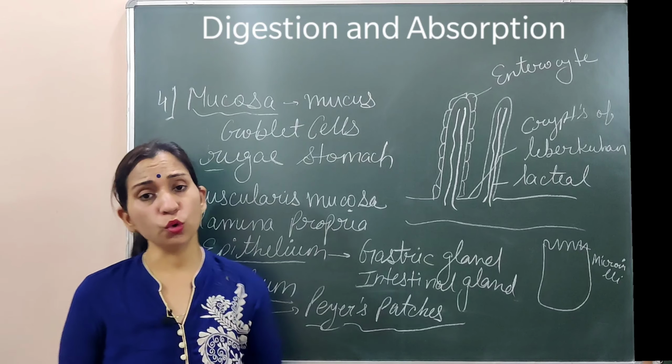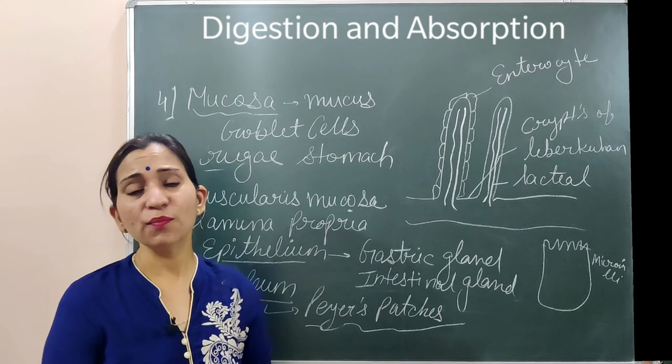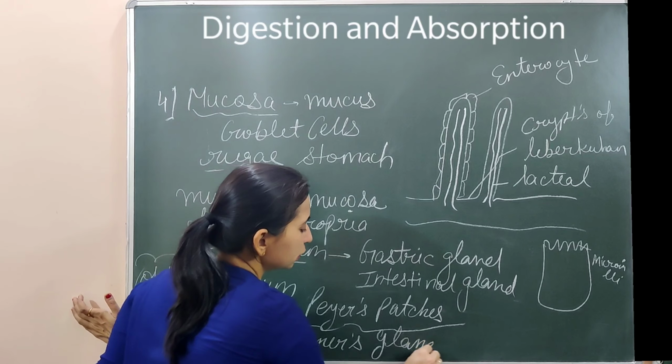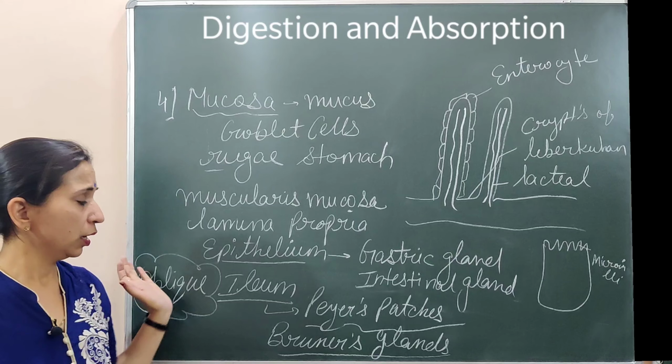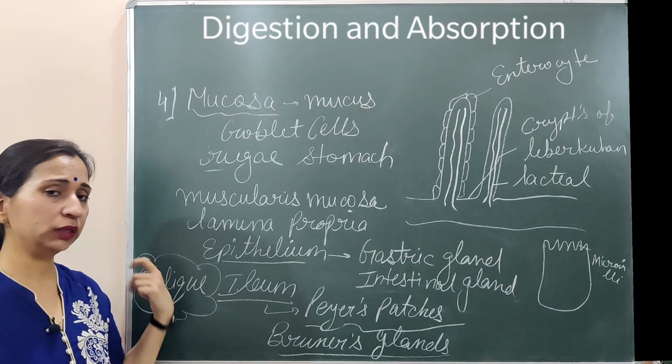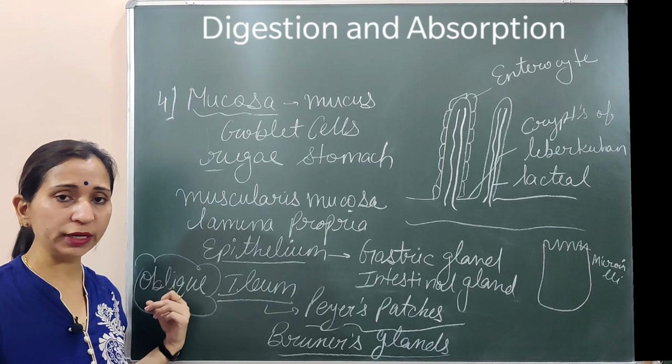Similarly, the submucosa layer of the small intestine also has Brunner's glands. Here in the submucosa layer, the Brunner's glands are present in the small intestine. So these are some kinds of modifications which we can see in the small intestine. In the case of the stomach, in the muscularis layer, one extra layer is present.